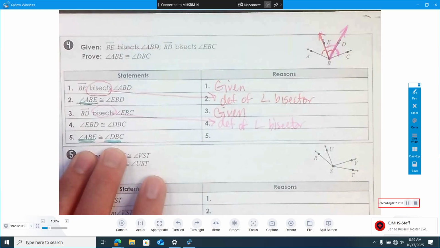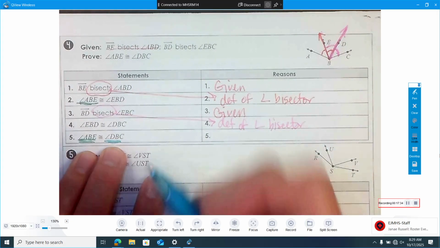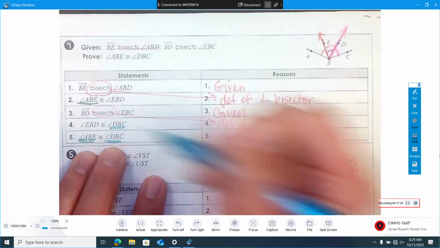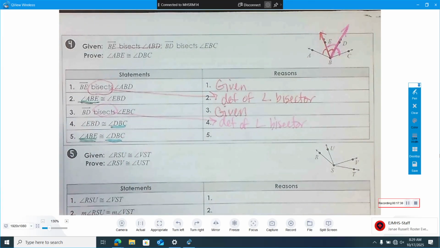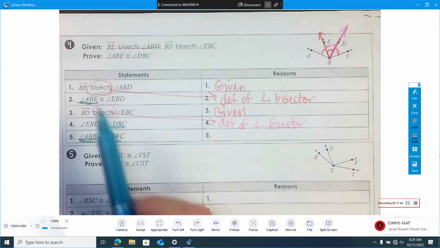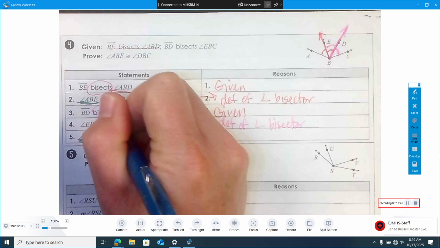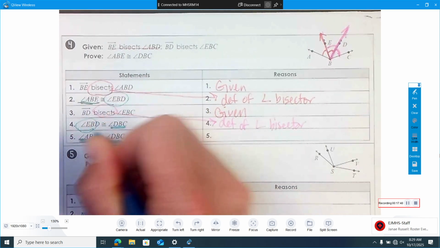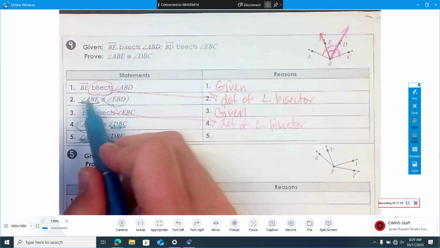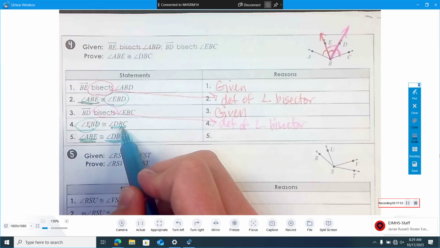Where else do you see angle DBC? Step 4. Do we have a chain? Do we have a linking path to get there? We do. ABE is the same as EBD, and then EBD. So we could go from here to EBD and then to DBC. So there's our one hopping chain.